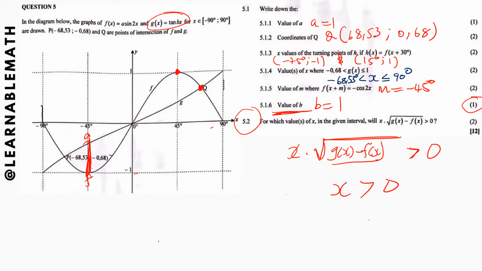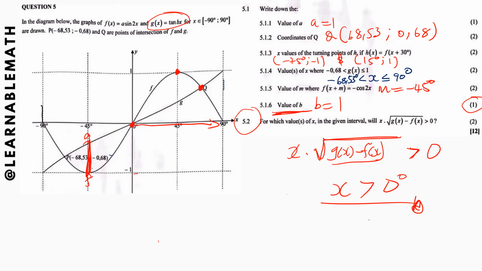You can see that from this point, x is greater than 0 going there, it's where you have your f, you have over g. So the graph will always be positive there for all values of x greater than 0 degrees. Okay, so you just say x greater than 0 degrees, right?